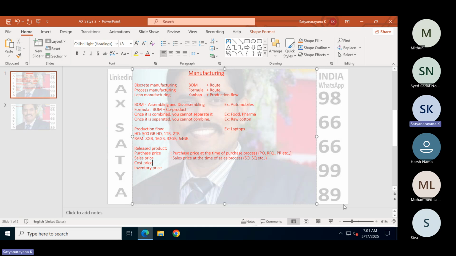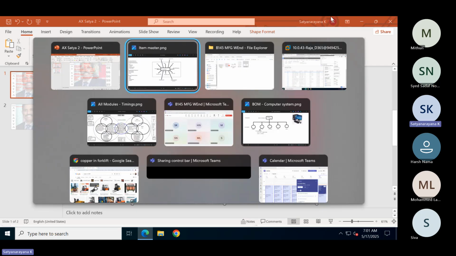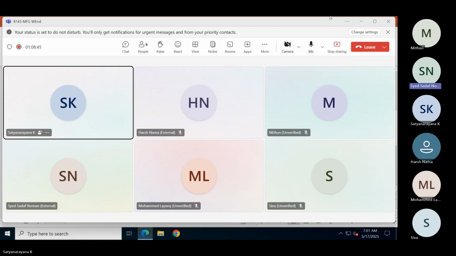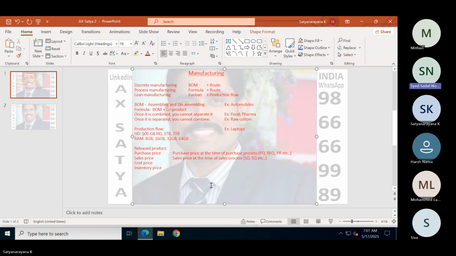Now, what is cost price? Can anyone tell me now cost price? To make the product, like for different materials we are combining and we are generating a cost for that.